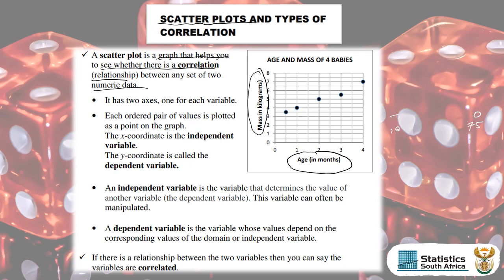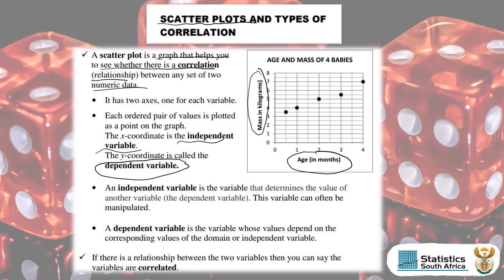And also the x coordinate is the independent variable, and the y coordinate is called the what? The dependent variable. So it depends on the other one, such as the results, right?